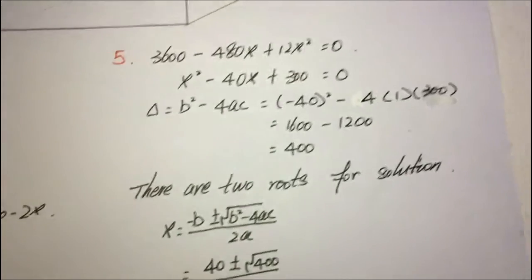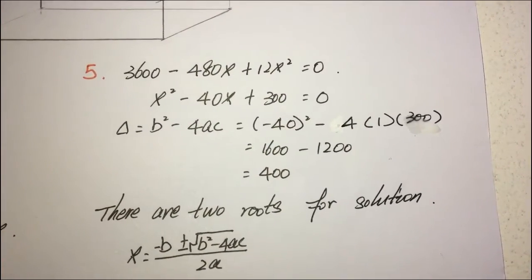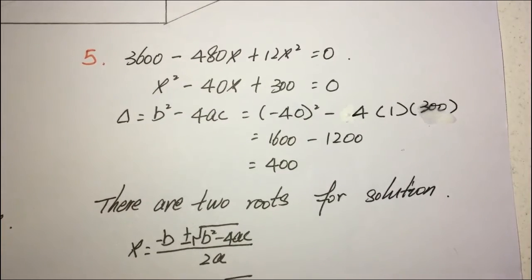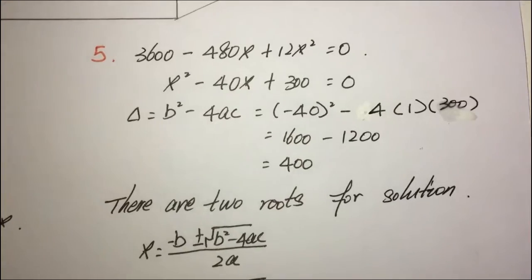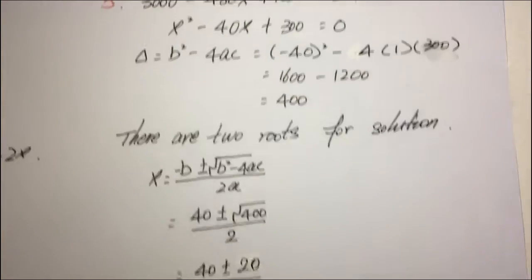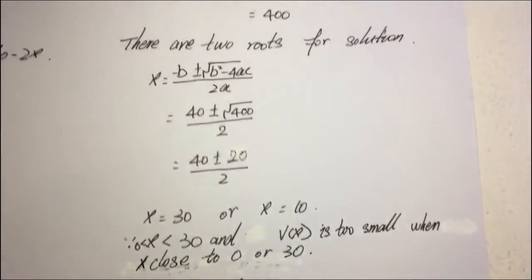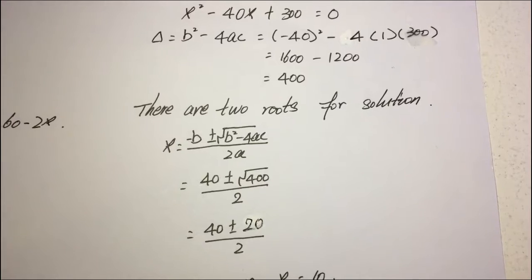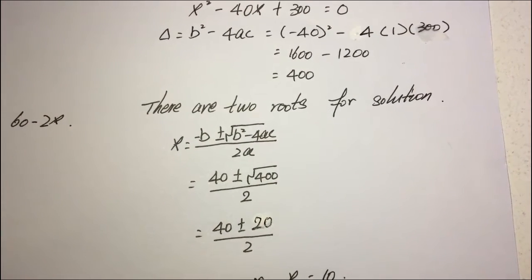That means 12x squared minus 480x plus 3600 is equal to 0. To solve this equation, we need to find delta, which is b squared minus 4ac, and it is equal to 400. Because it is a positive number, we have two roots.